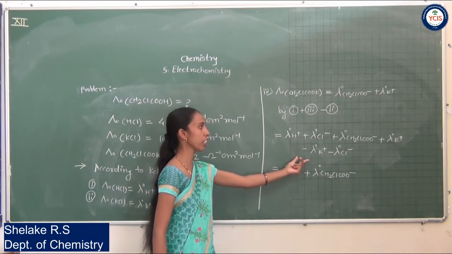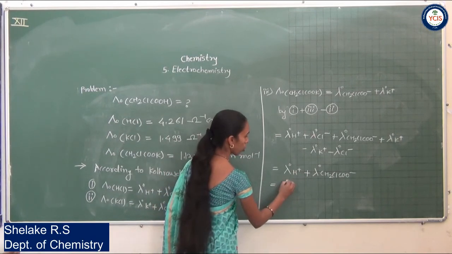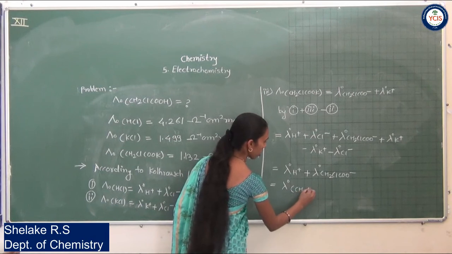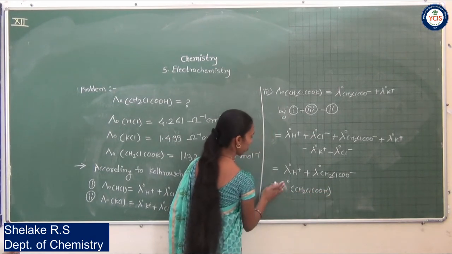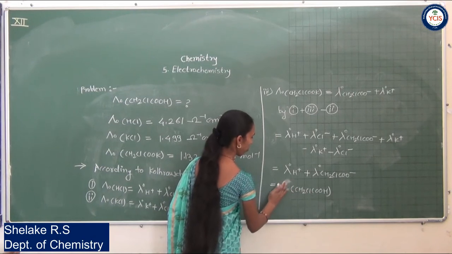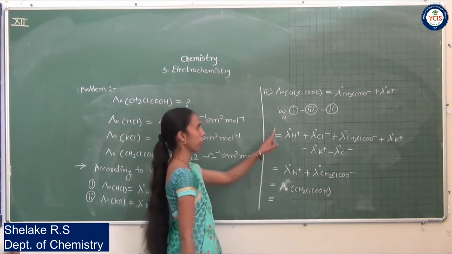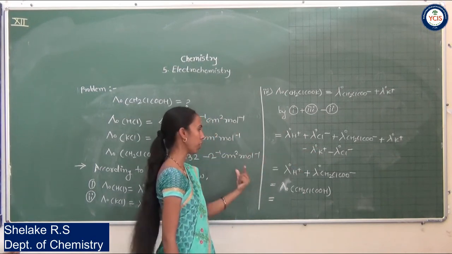Whatever addition and subtraction we have done, that will be the lambda 0 of CH2Cl COOH.